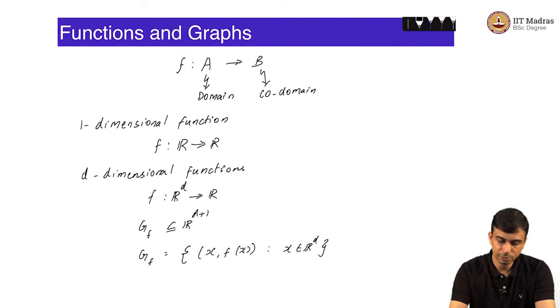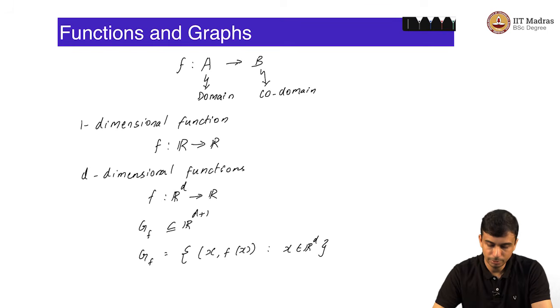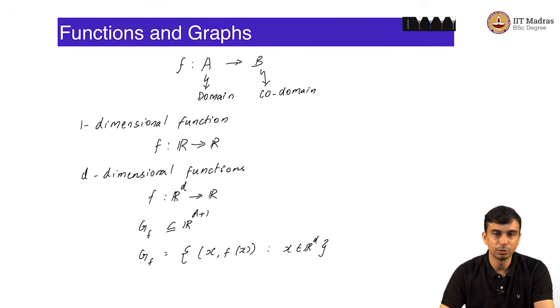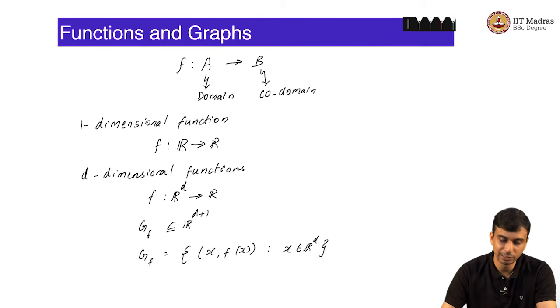You vary your input over the domain and you concatenate your input, which is a d-dimensional vector, with the output, which is a scalar. If you concatenate a d-dimensional vector and a scalar, you get a d plus 1 dimensional vector. So, that is why the graph of a function f is a subset of Rd plus 1.